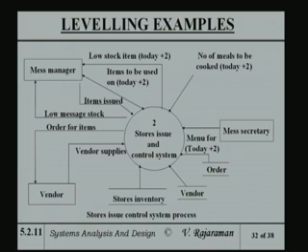Stores issue and control system, again, based on the issue has to be done by the mess manager to the cooks and so on, and orders also have to be placed. So the stores issue and control system primarily looks at the ordering to be done at the appropriate time, vendor payments to be made, and the orders placed and all that.